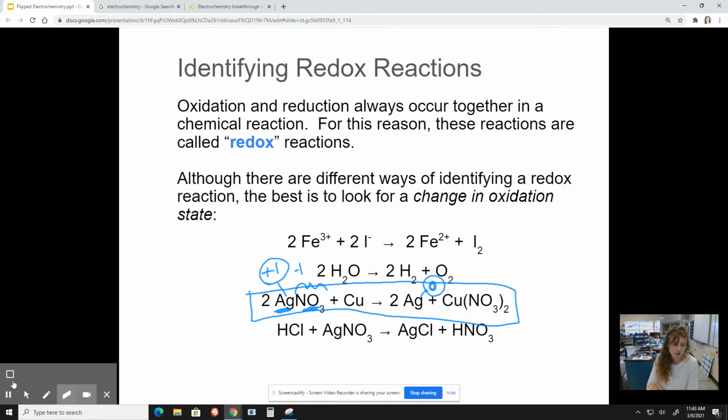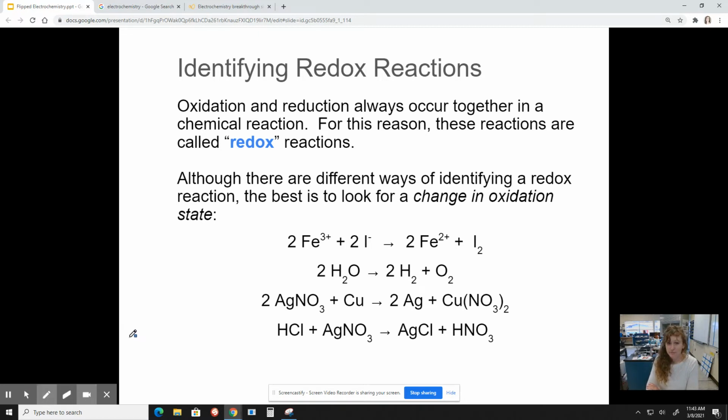So some reactions are pretty obvious to see. Some reactions are not. Reactions that usually are redox reactions are single replacement reactions, like this one. Also combustion, or the opposite of combustion, which is what this is. This is the opposite of combustion. Those are also commonly redox reactions.